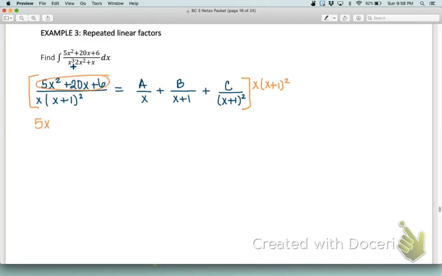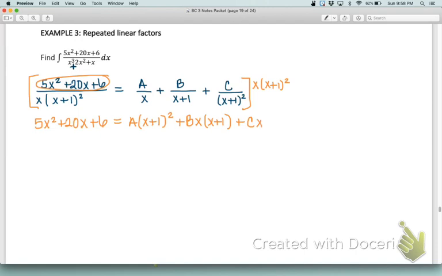So we have 5x squared plus 20x plus 6 equals, the x is going to cancel, and I'm left with A times x plus 1 squared. Then I have plus B times x times x plus 1 plus C times x. That's what we get when we multiply all of that through.